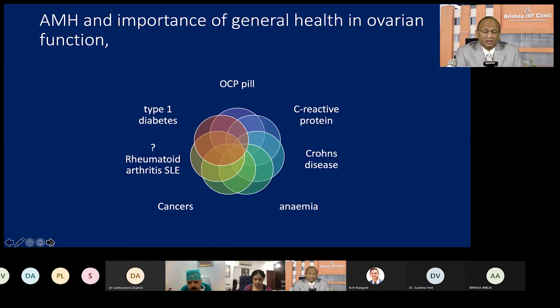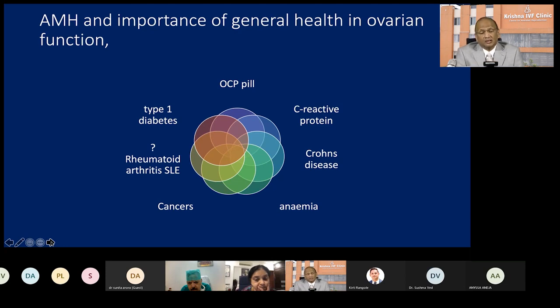Unless we validate this information in the current cycle by cross checking our AMH value with the AFC, and they are matching approximately, we may be missing a crucial point.